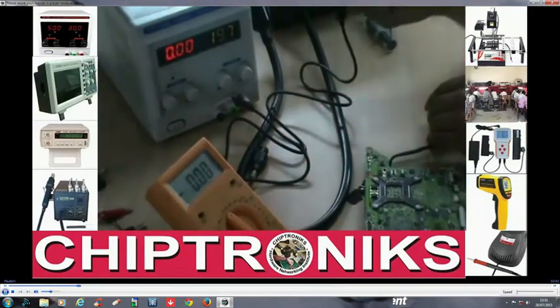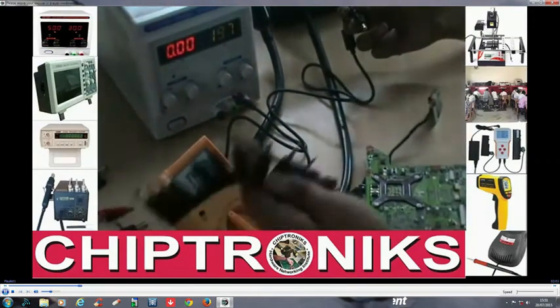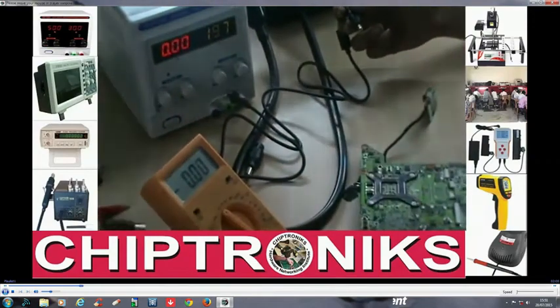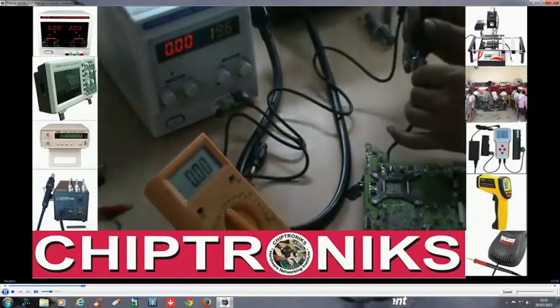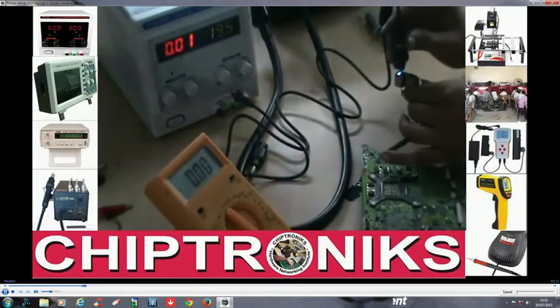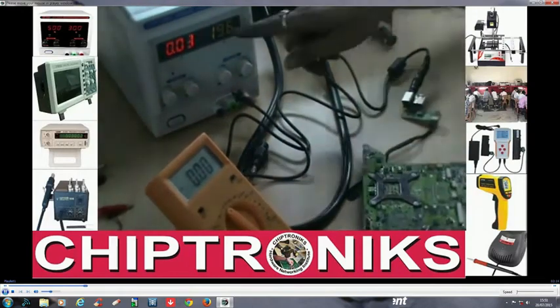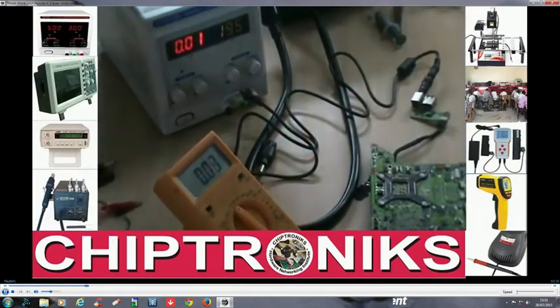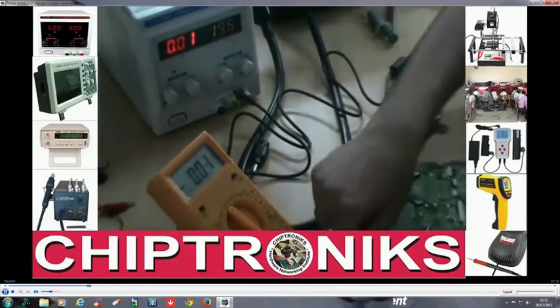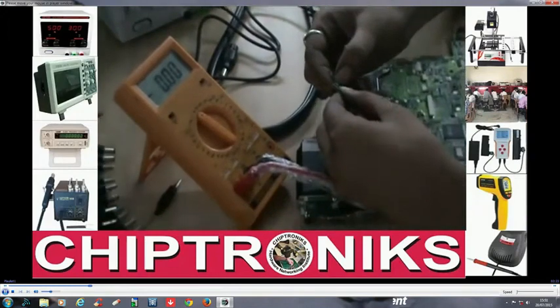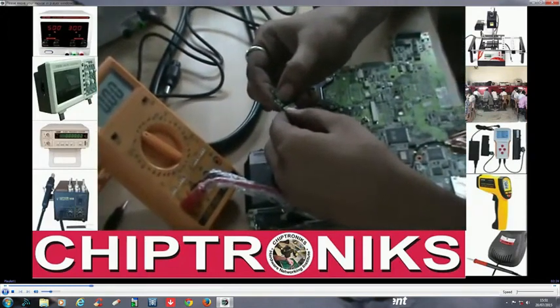That's why I have different jacks. I put this here. You see 19 volts coming, and here when I turn on this board, it does not turn on.